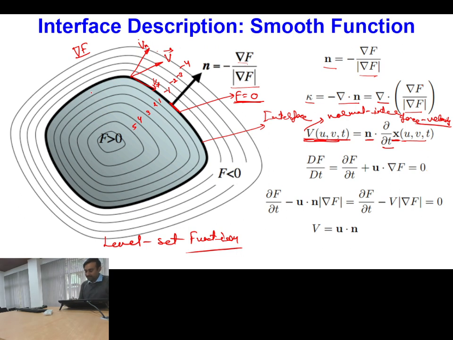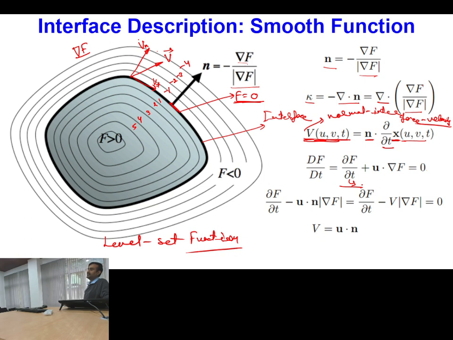So that's why this function, whatever I have defined, is superimposed with the interface. So if the interface moves, then ideally the value of this function should also change. It should also translate with the motion, or advection, of the fluid. So that's why I am writing del f by del t over here, which represents the rate of change of the value of this function f with time. Is this one clear?